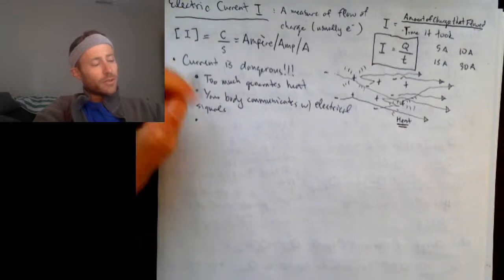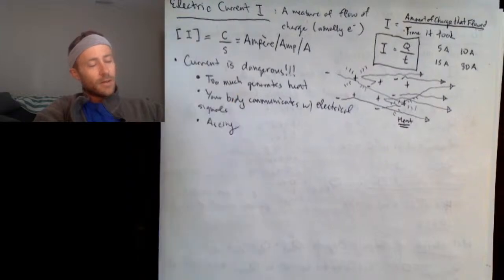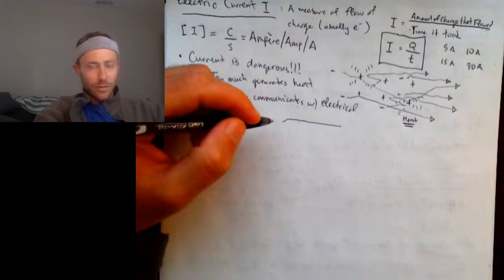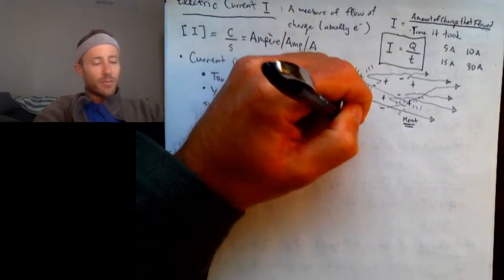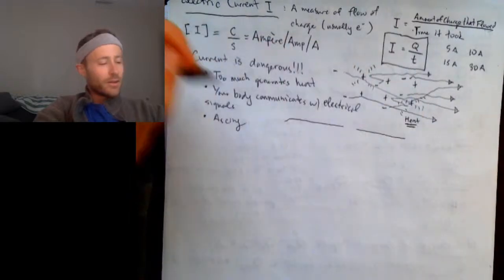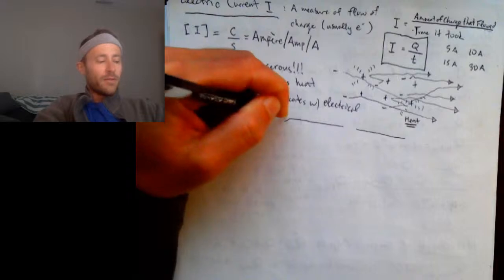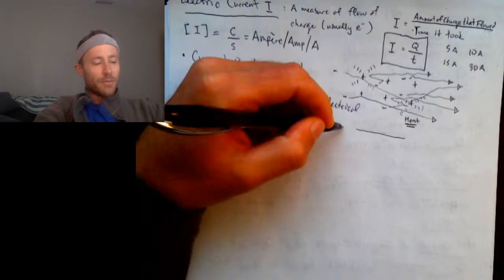Another danger of electric current is you can have arcing. Arcing happens when you have a break in the circuit. So here's your wire, and then you have a gap.